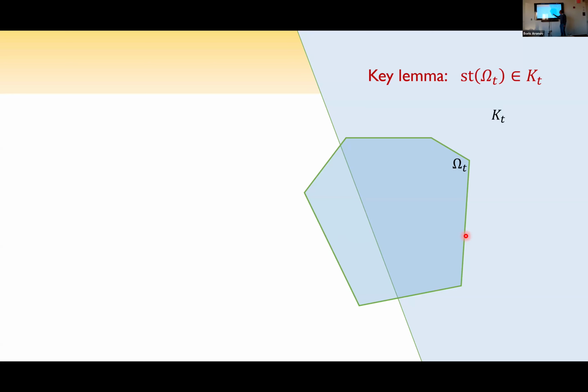What's the worry, that the Steiner point lies outside? Let's look at any point in omega which is outside. It means there's a trajectory that ends up here and pays at most R. It's a valid trajectory.